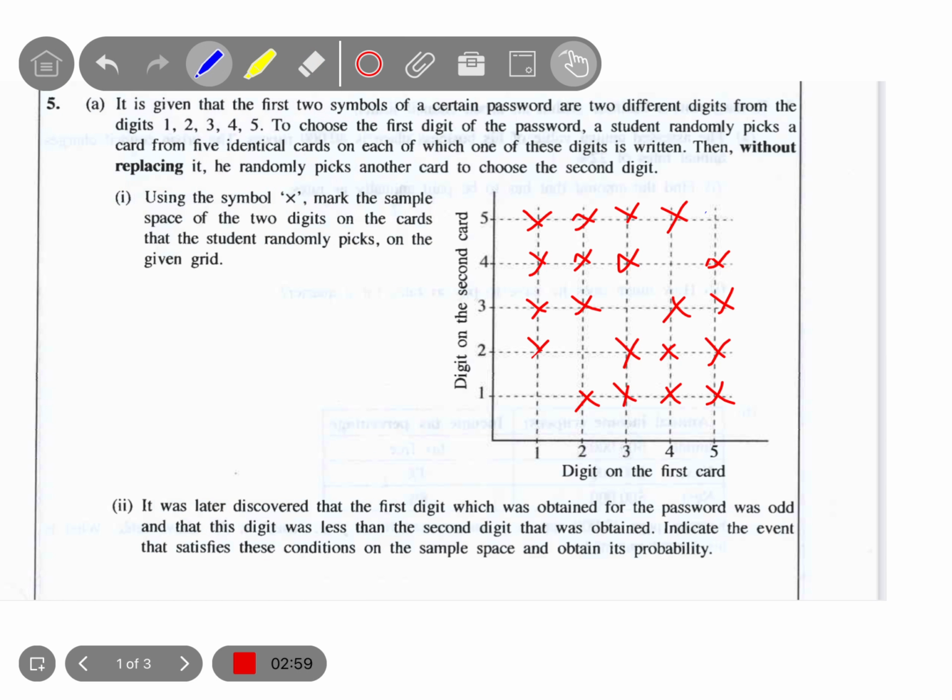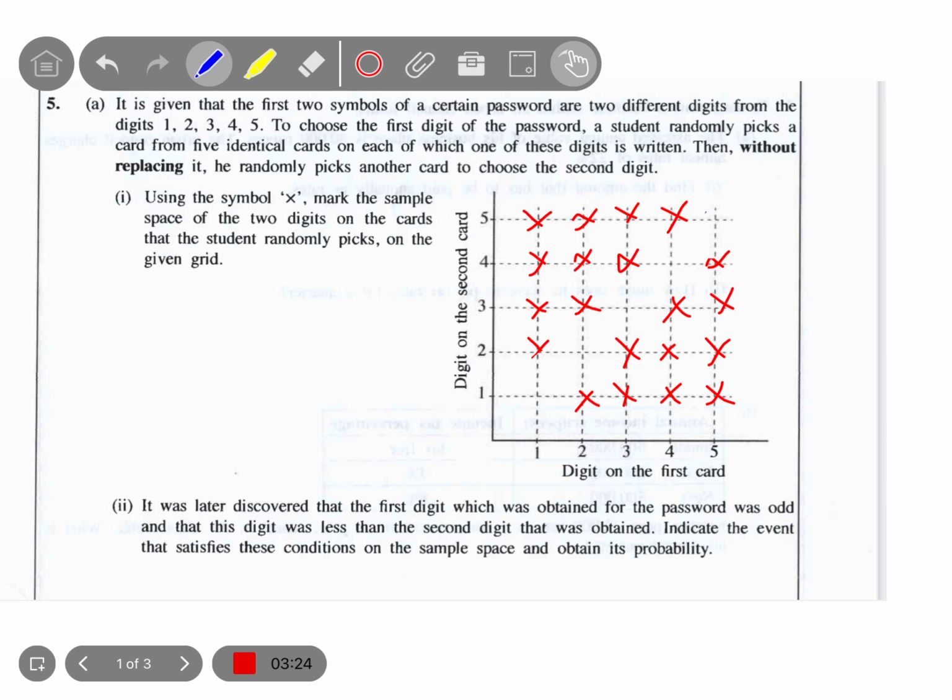Then question number 2 says, it was later discovered that the first digit which was obtained for the password was odd. Okay, now this is the first digit, right? So they are saying it is odd. So that means it could be 1, 3, or 5, not 2 or 4, right? So those 3 columns will represent our first digit for the password.